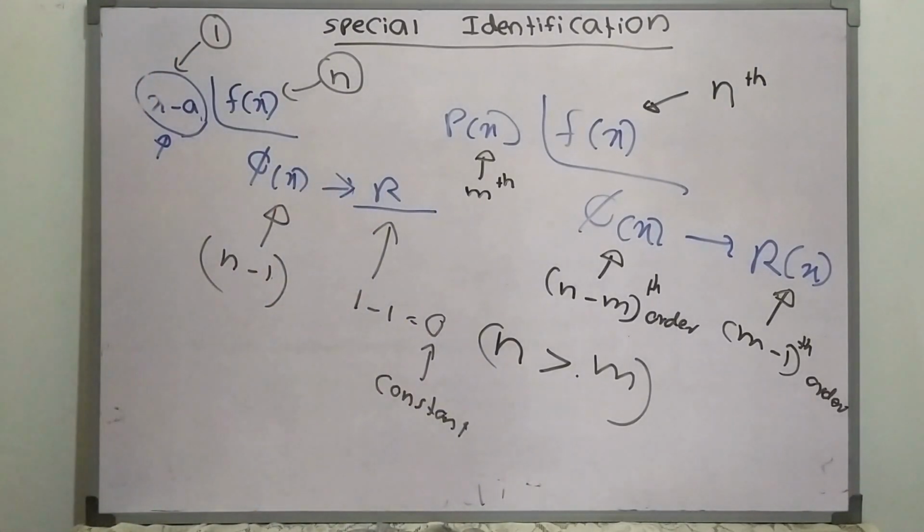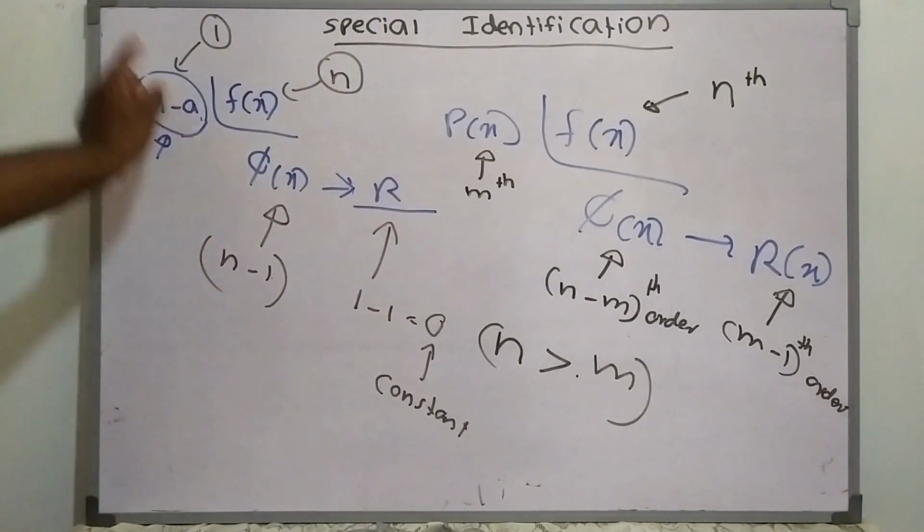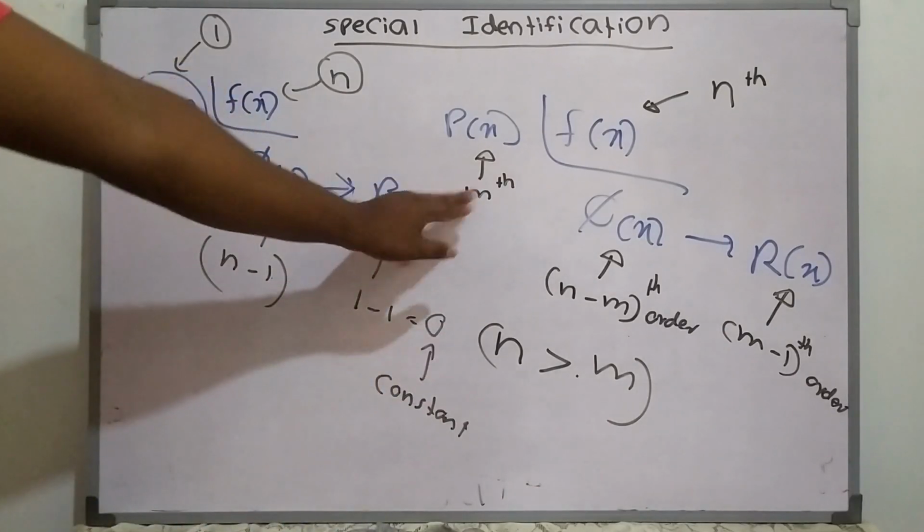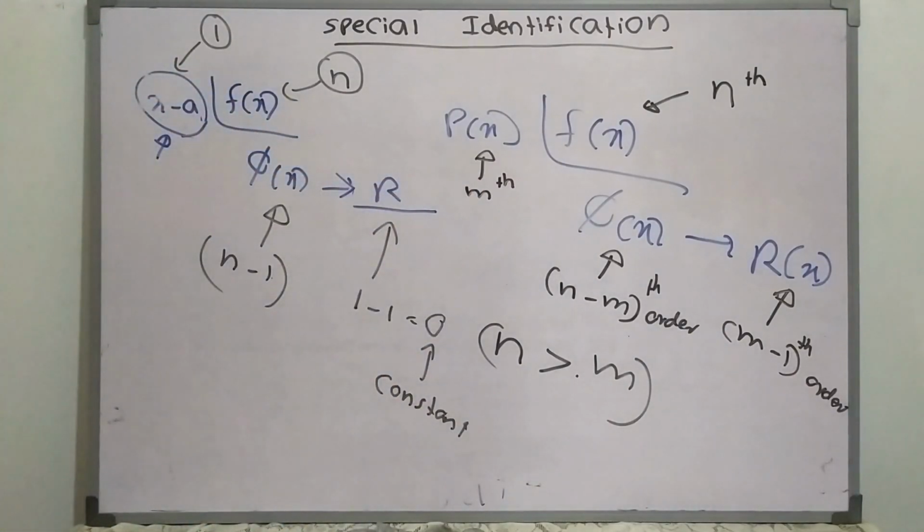The remainder theorem discusses the first order divisor, not the mth order. The special identification focuses on when the divisor is of more than first order.